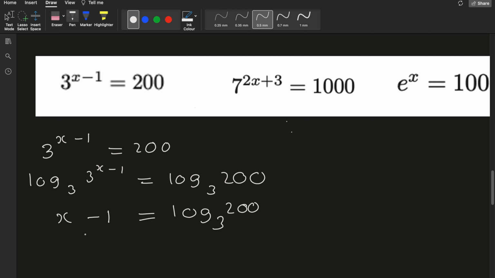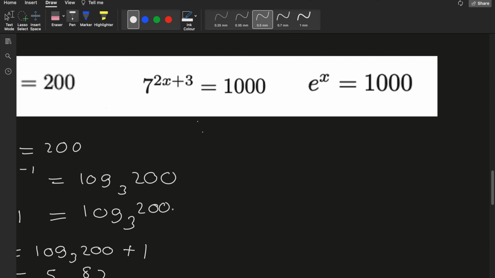When we make x the subject of the equation, this is what we'd get. And then if we want to write the value of this, it would be 5.82 to 3 significant figures.